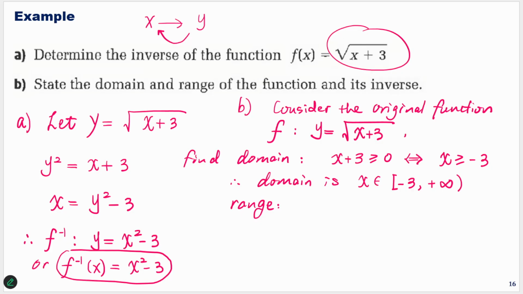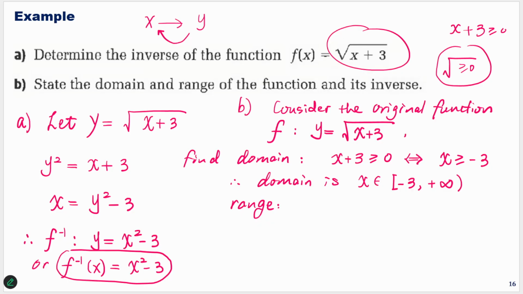Well, we have already determined x plus 3 is greater than or equal to 0, right? So if we put a number that is greater than or equal to 0 under a square root symbol, can you make a guess what is the possible range?